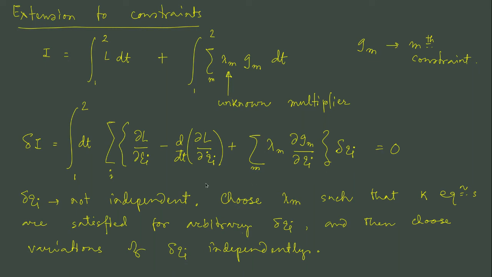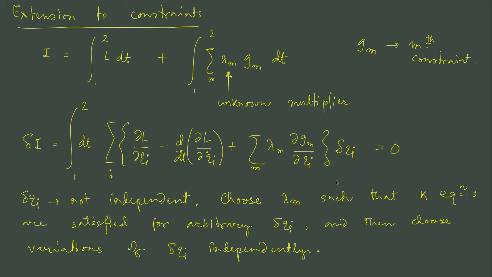So for such k equations we will have these coefficients 0 by our choice of lambda_m's. For the remaining ones, we can choose the variation of delta q_i independently, because now the number of independent variables reduces to n minus k, which is exactly equal to the degrees of freedom.